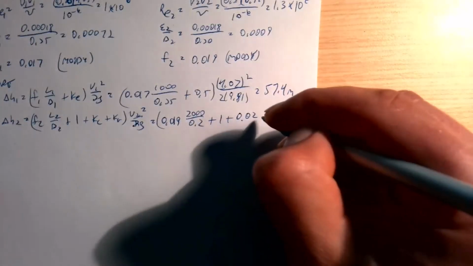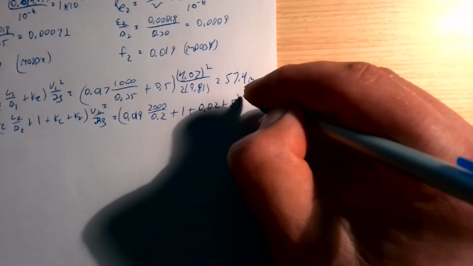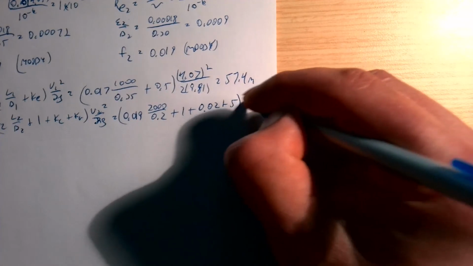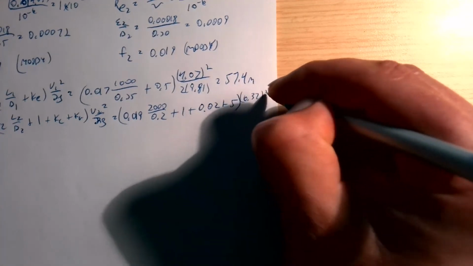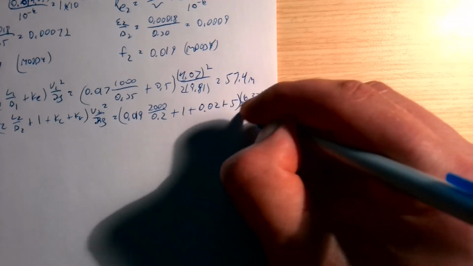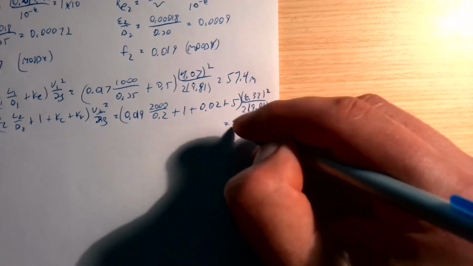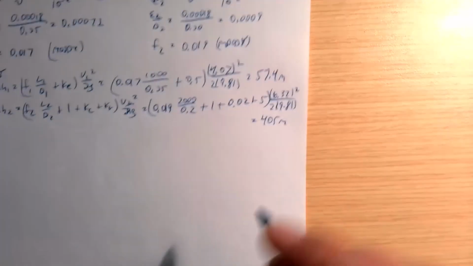It's so small, it doesn't really matter. Spend all that time to look it up, and then it doesn't matter. 6.37 squared over 2 times 9.81, and that came out to be 405 meters.